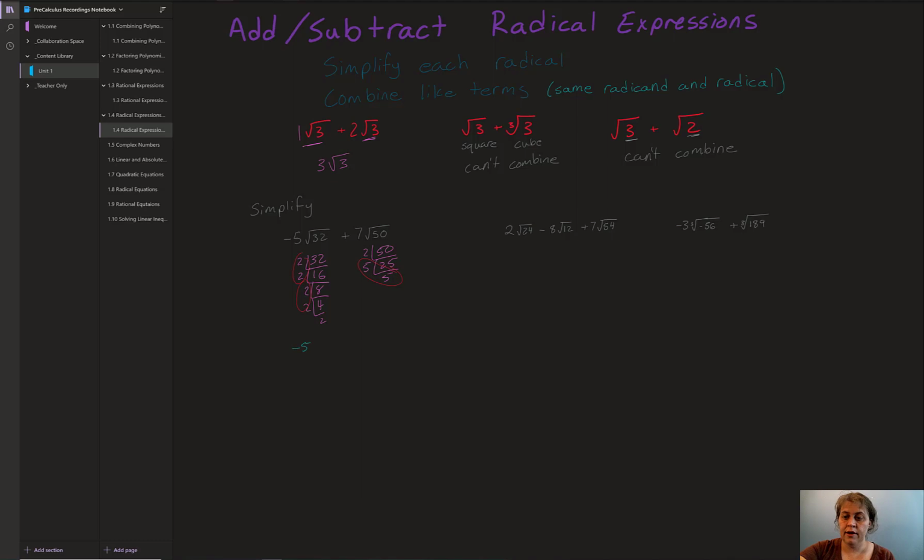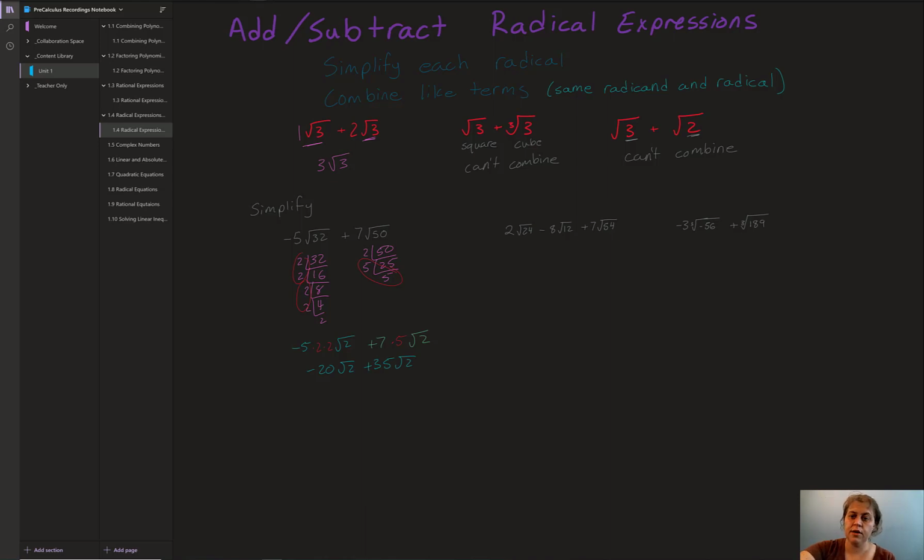Negative 5 times 2, and then square root the 2 because he didn't escape. And then we have plus 7 times 5 because they escaped. Times 5, and then the 2 is stuck inside forever. Do not pass go, do not collect $200. So this becomes negative 20 square root 2 plus 35 square root 2.